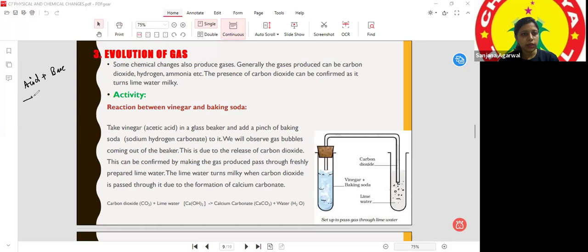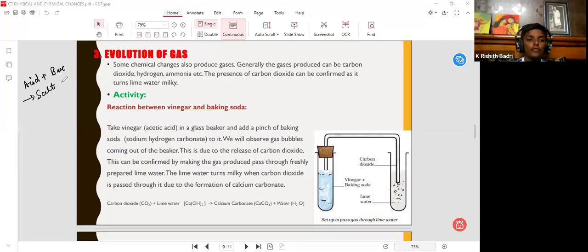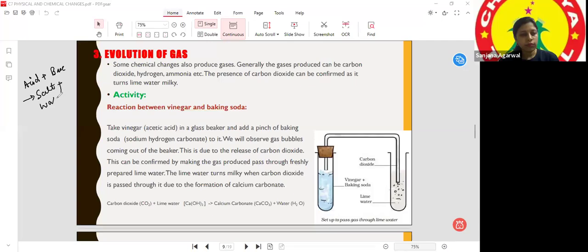This will give us salt, water, carbon dioxide, and heat. It means gas will also be released in this process. This is a usual and general reaction. In most cases, it will happen.